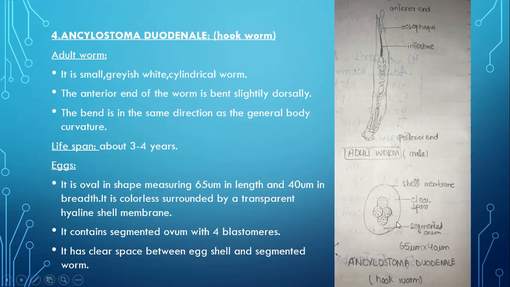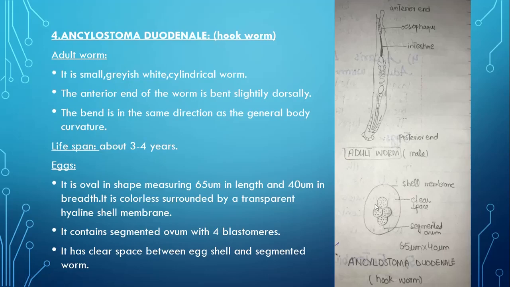Now talking about the eggs, these are again oval in shape. They measure about 65 micrometers in length and 40 micrometers in breadth, and are colorless, surrounded by a shell membrane which is transparent and hyaline.